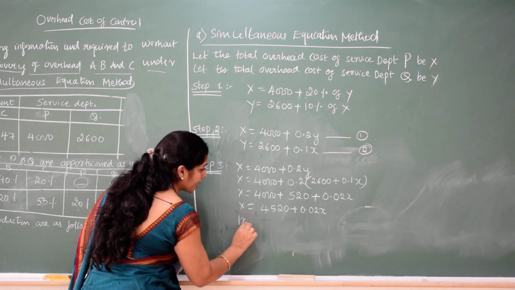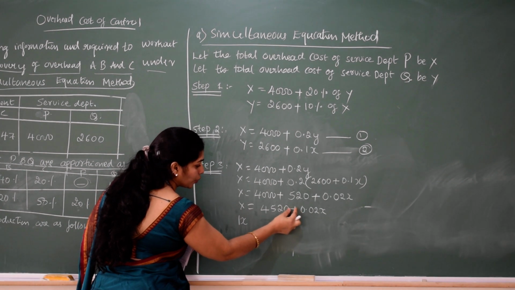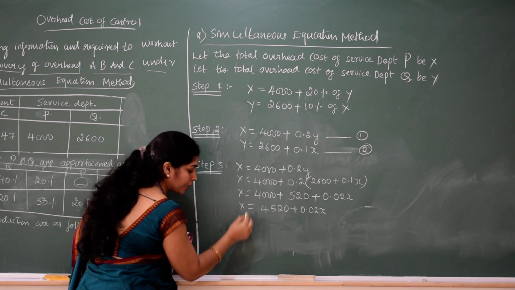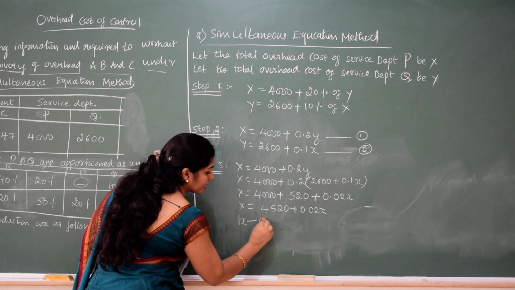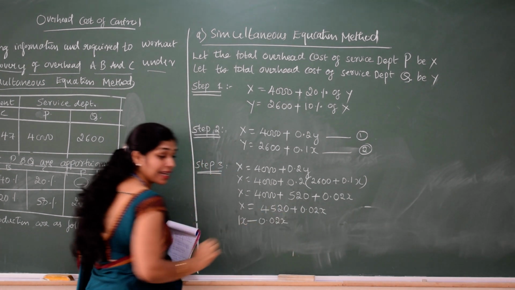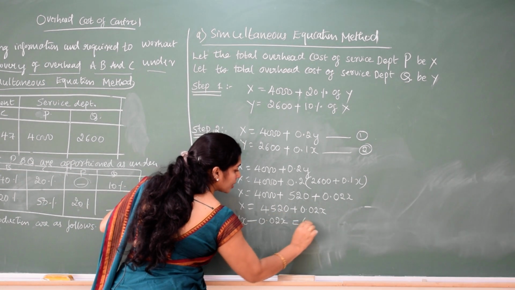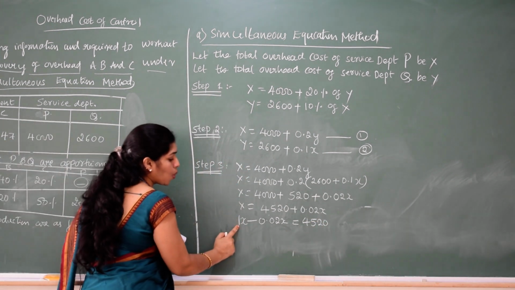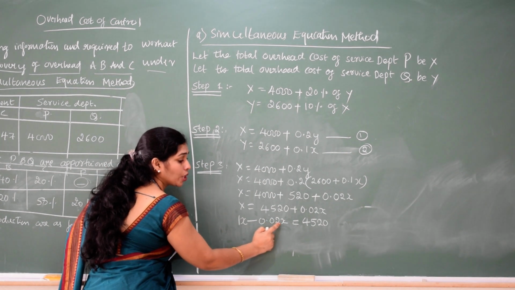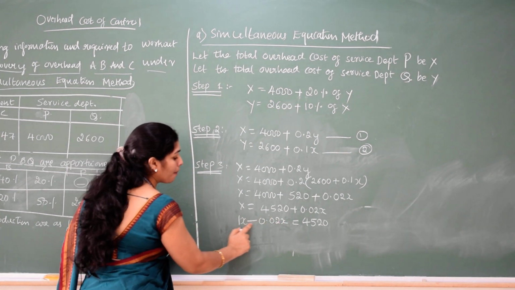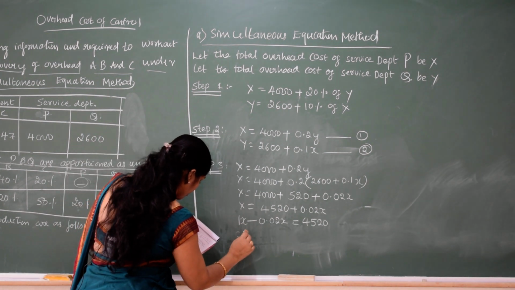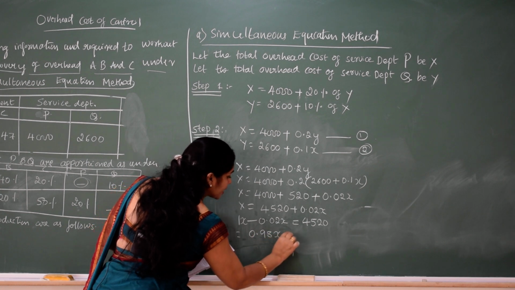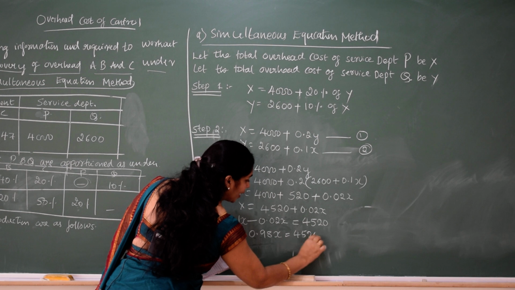Here 1X on the right-hand side, you have to take to the left-hand side. When it is taken to the left-hand side, plus is converted into minus 0.02X. Is it clear? Is equal to 4520. Next, here 1X minus 0.02X, you have to subtract, so 0.98X is equal to 4520.